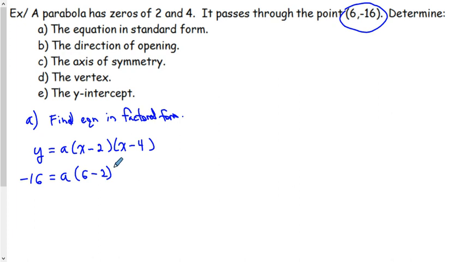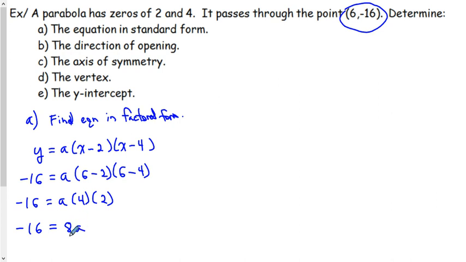So by substituting this value in, it's going to allow me to find what my a value is, because this one point gives me some information. Okay, so I've got 6 minus 2, so that's going to be 4. And then I've got 6 minus 4, so that's going to be 2. a times 4 times 2. Okay, so 4 times 2 is 8, so this is going to be 8a. So minus 16 equals 8a.